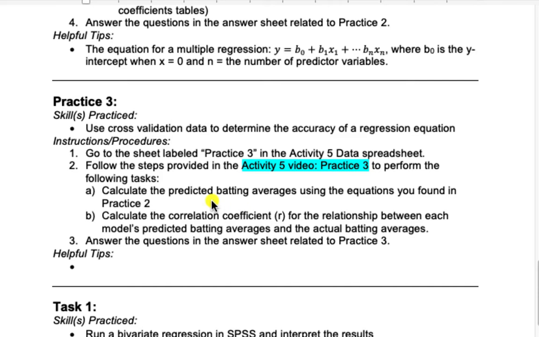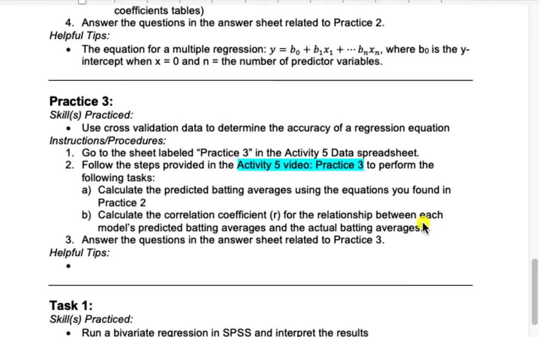We're going to calculate the predicted averages using those equations, and then we're going to find the correlation coefficient between the actual batting averages and the predicted batting averages for each of the equations to see which one provides the closest values to our actually measured batting averages in our cross-validation set.